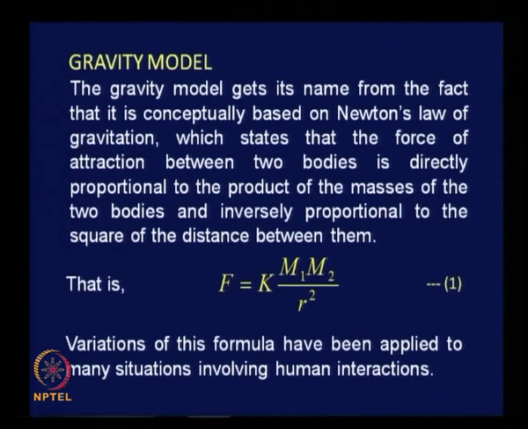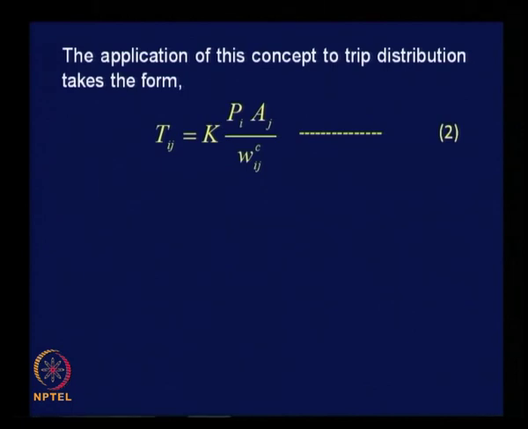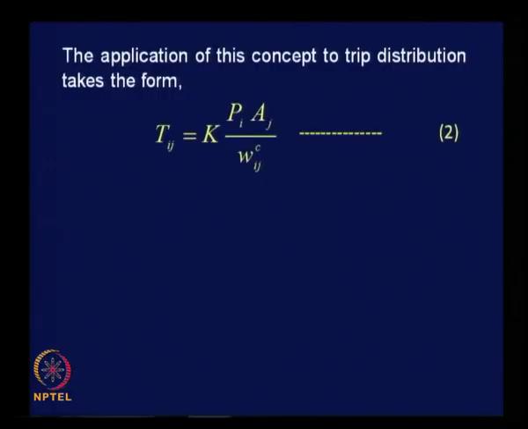The application of this concept to trip distribution takes the form as given here. You can say instead of force, the total number of trips interchanged between i and j is equal to k times Pi Aj divided by Wij raised to power c.